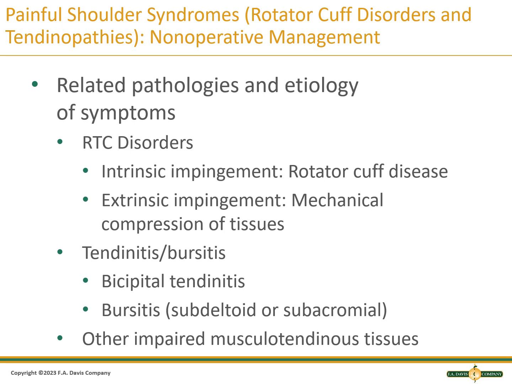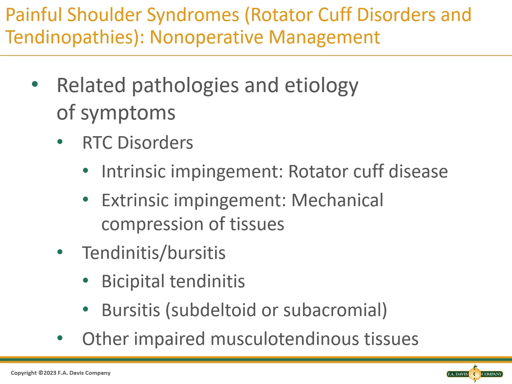Painful shoulder syndromes, looking at rotator cuff disorders and tendinopathies with non-operative management. So rotator cuff disorders, we can see intrinsic impingement, which is rotator cuff disease that's impingement within the tendon and breakdown coming from within the muscle itself, or extrinsic impingement, which is mechanical compression of the tissues typically occurring in that subacromial space.